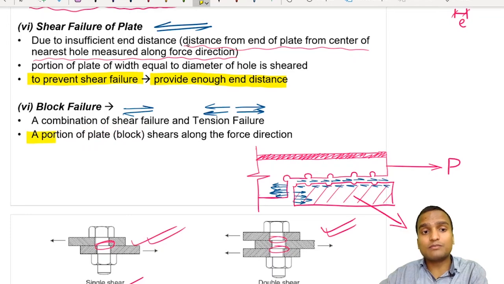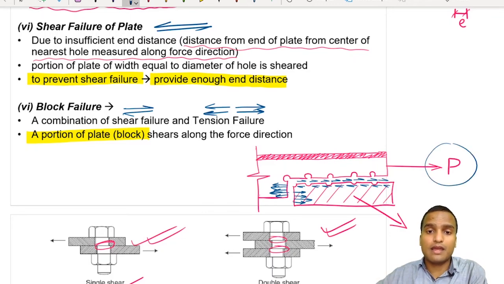So in this diagram you see a portion of the plate, which is known as the block, getting torn apart from the joint. Now you just look at this diagram. We have applied the axial force here on the member and this was the joint earlier, and what has happened in this case is that this block has got separated from the joint, and this is called a block failure.